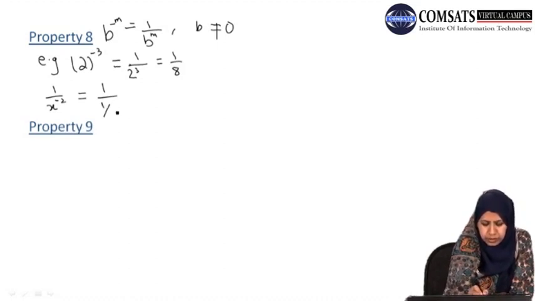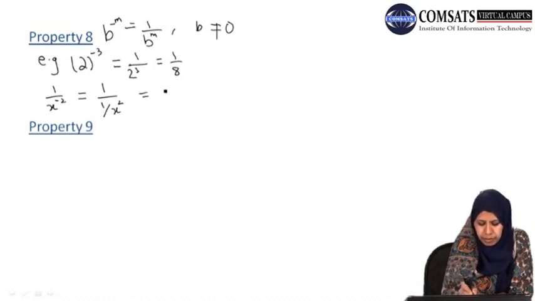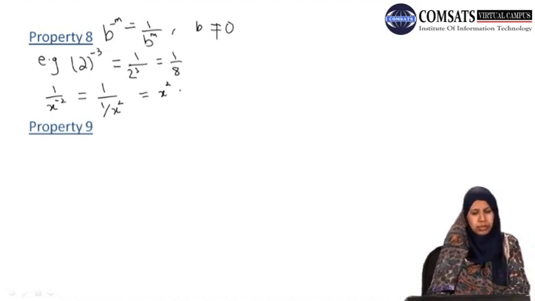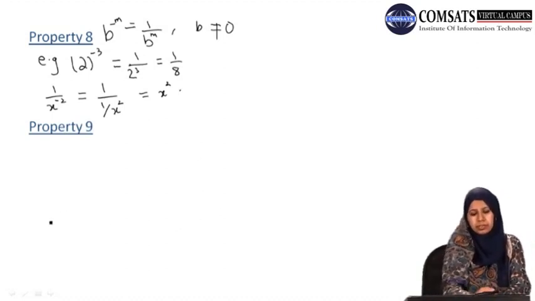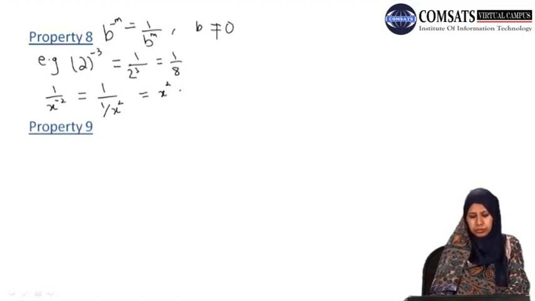This is nothing but 1 over 1 over x square, and simplifying we obtain x square. So x square can be written as 1 over x to the power minus 2, which this property says: the negative power can be replaced by a positive power by simply taking the reciprocal.